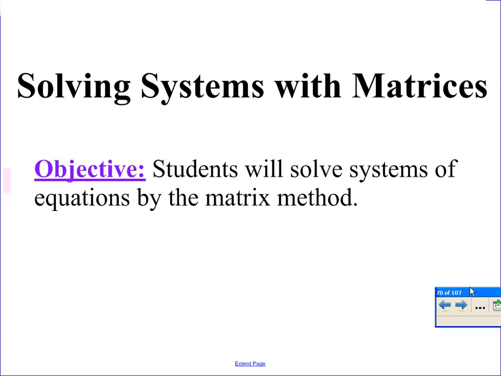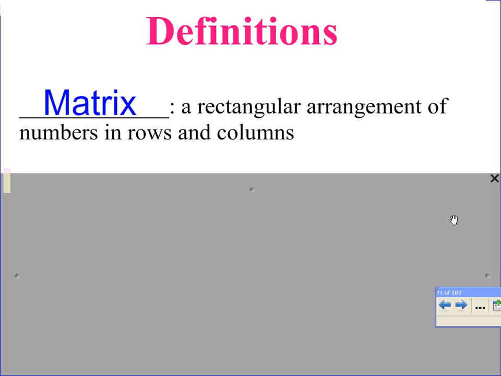Okay, the next thing I want you to write on your paper is the definition of a matrix. So what actually is a matrix? It's a rectangular arrangement of numbers in rows and columns.